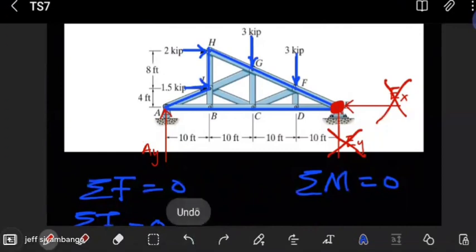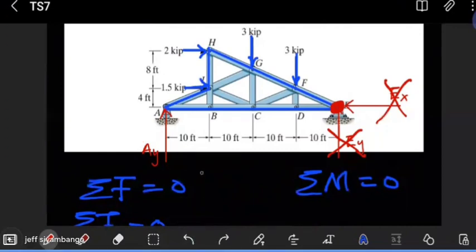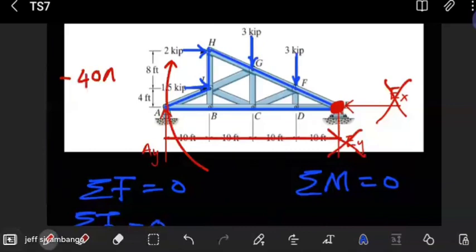Clockwise, yes. So AY will be causing a clockwise moment. It will be trying to rotate the structure in that manner. That will be clockwise, so it will be minus AY multiplying the distance, which is 10 plus 10, 20, 30, 40. So this becomes 40 AY.